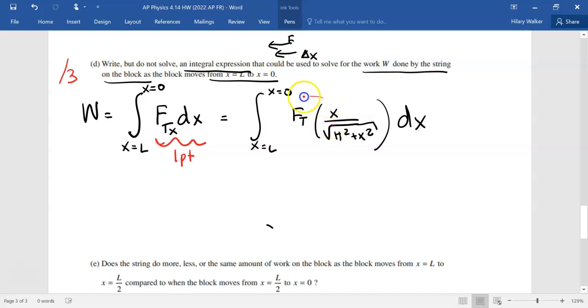You get another point for correctly plugging in what FTX is. And then you get 1 last point for writing the integral correctly with the limits of integration, or you could write it with a constant of integration as well. And so that's where your 3 points come from.